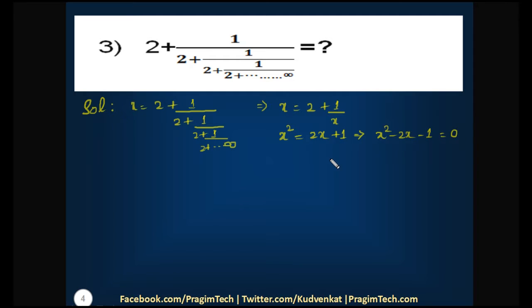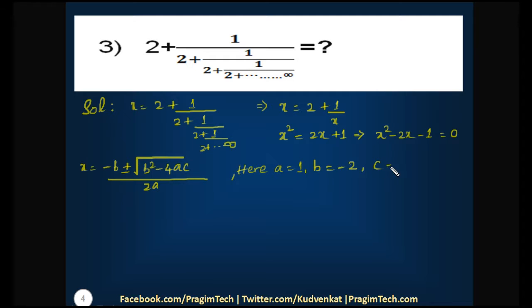Now, in order to find the x value, let us use the formula. That is, x is equal to minus b plus or minus square root of b square minus 4ac, divided by 2a, right? Here, a is equal to 1, b is equal to minus 2, c is equal to minus 1. Let us substitute these values in the formula.